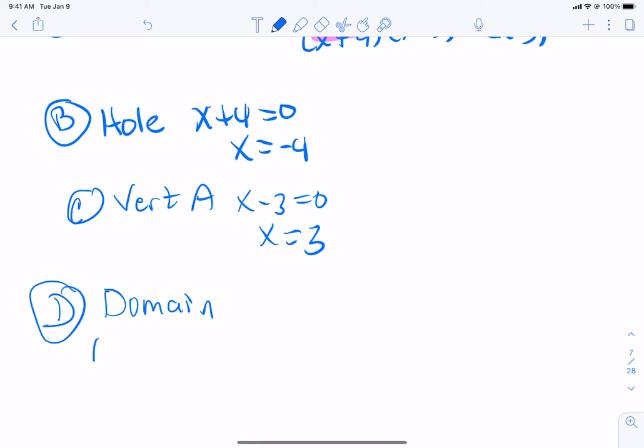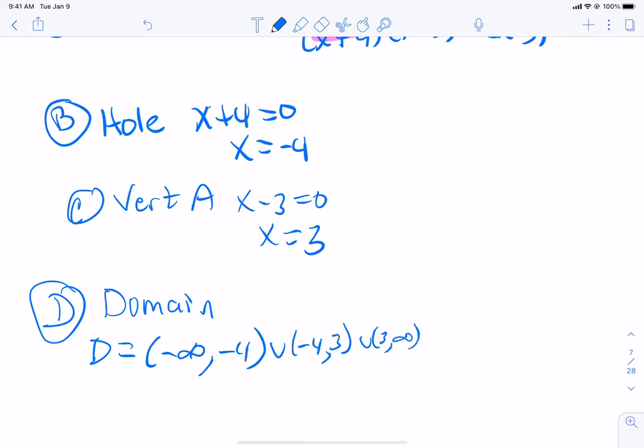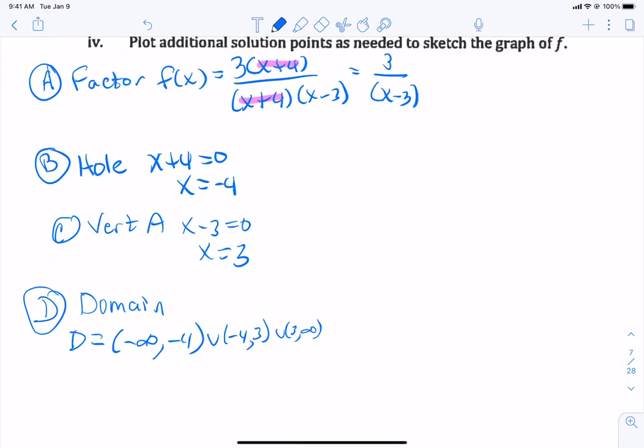Our domain is going to go from negative infinity up to that negative 4 hole. It's going to jump over the hole till it gets to the asymptote. It's going to jump over that asymptote, and then it's going to keep on going. So it's going to have 3 distinct pieces of the graph: a piece before the hole, a piece between the hole and the asymptote, and a piece from the asymptote over. Okay?